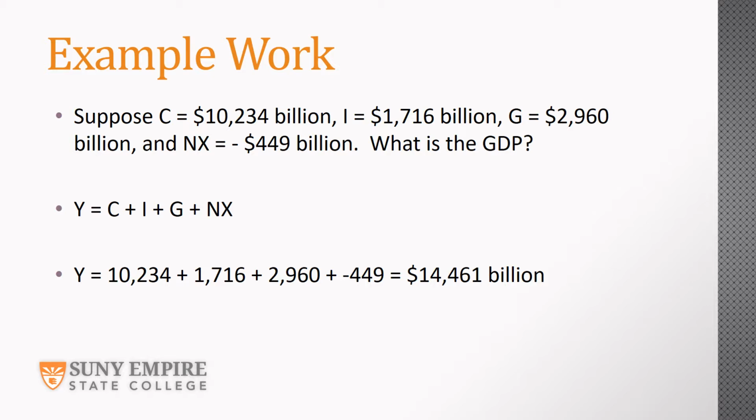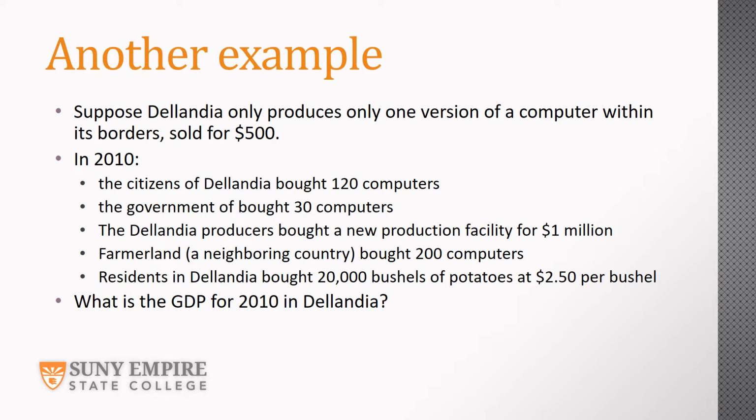Now let's see a slightly more involved example. Suppose the nation of Delandia has a very simple economy, in which they only produce a single computer model sold for $500. In the year 2010, the citizens of Delandia bought 120 computers. That same year, the government bought 30 computers.